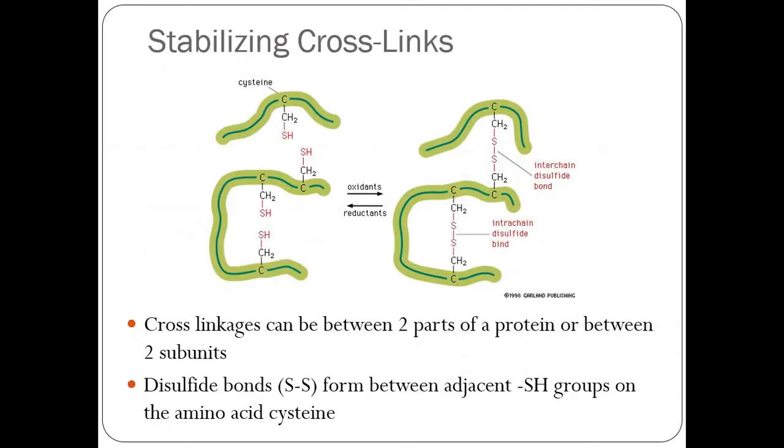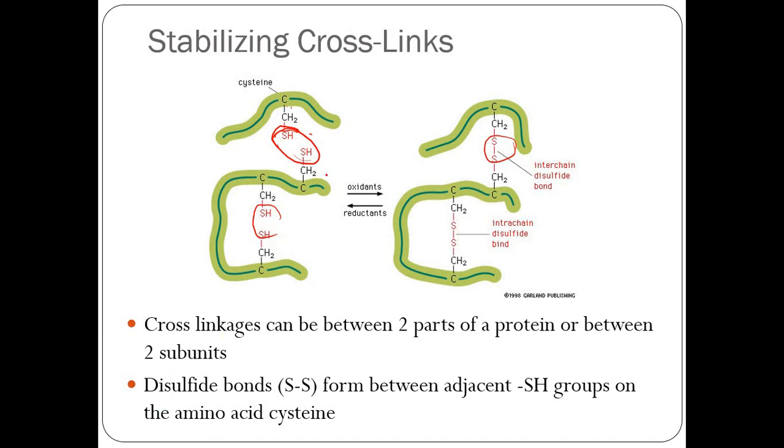Now to stabilize the protein, we have disulfide bridges here. It could form disulfide bonds, for example from serine molecules, CH2SH. So this could be from serine amino acids. Cross linkages can be between two parts of a protein or between two subunits.